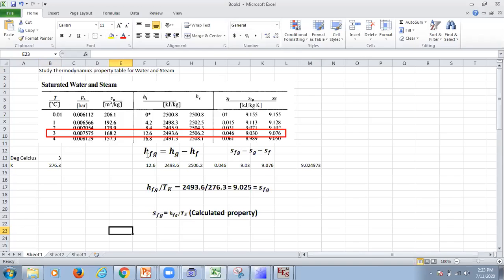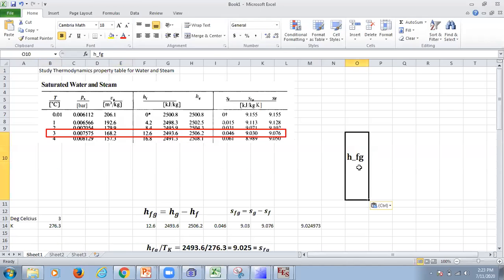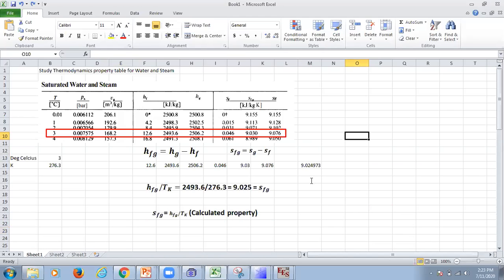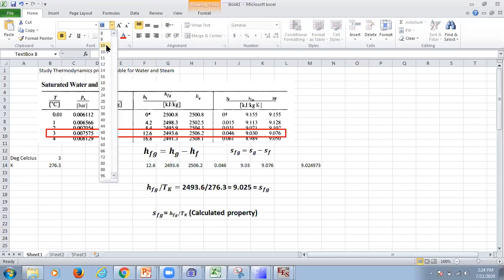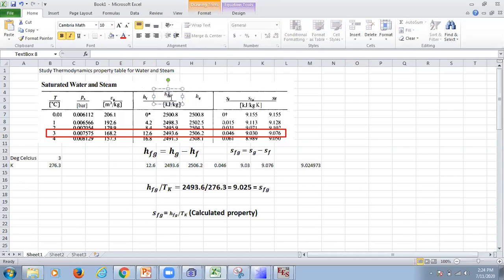Yeah? This is HFG, even though it is not mentioned. That is HFG. I'll just fill that in.